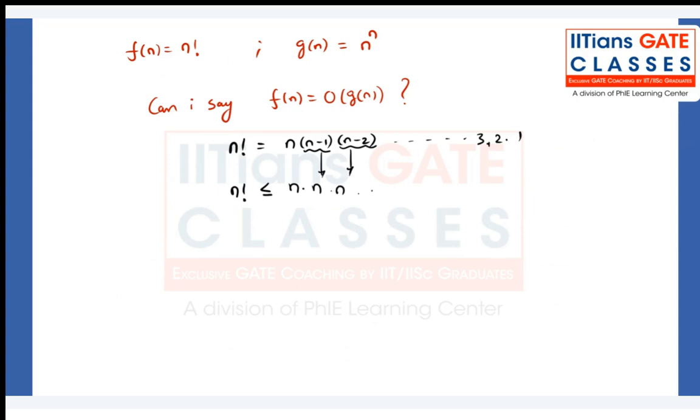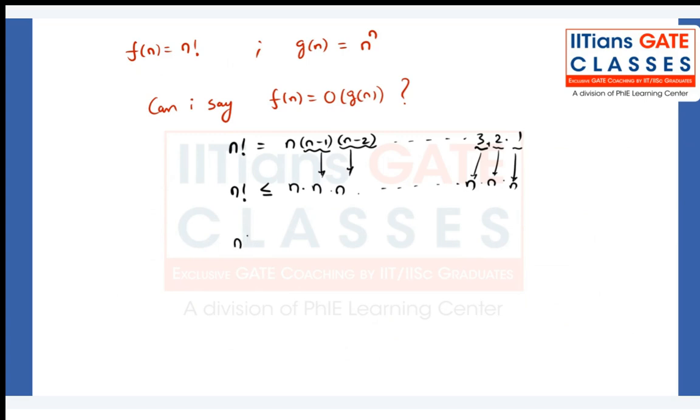Can I write this? Yes or no? N factorial is less than or equal to all of these terms n minus 1, n minus 2, I replace all of this with n. Yes, exactly. I can say that.